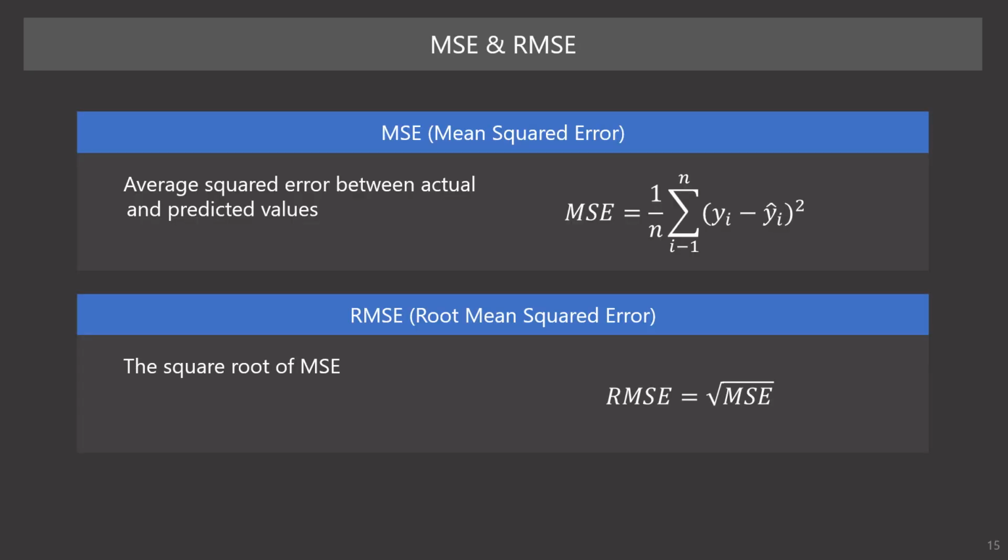Next, let's see MSE and RMSE. MSE is an abbreviation of mean squared error. It is the average of squared errors between actual and predicted values. While MAE is the average of absolute errors, MSE is the average of squared error.